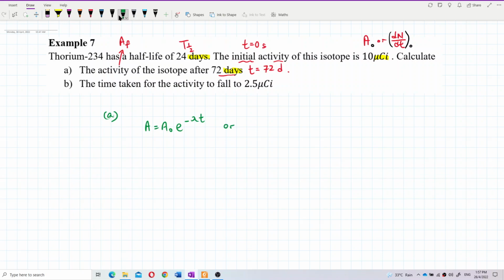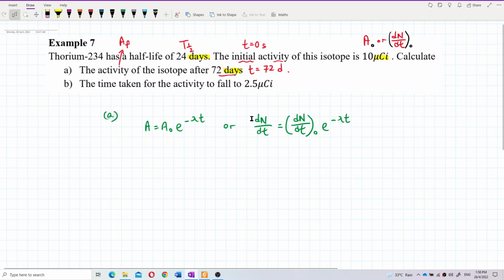Or you can also write it as dN/dt equal to dN/dt naught exponent negative lambda t. But normally we don't write so much, we just write A, because why write so many alphabets?